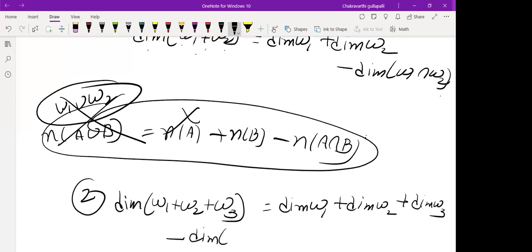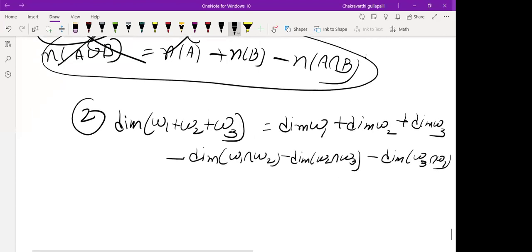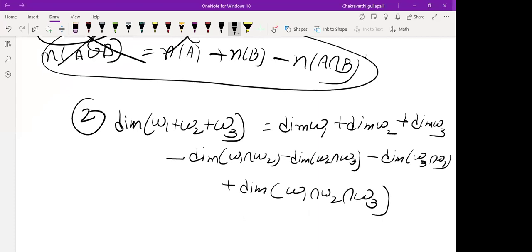What are the possible intersections? W1 intersection W2, W2 intersection W3, W3 intersection W1, plus W1 intersection W2 intersection W3. You can extend this to any number.